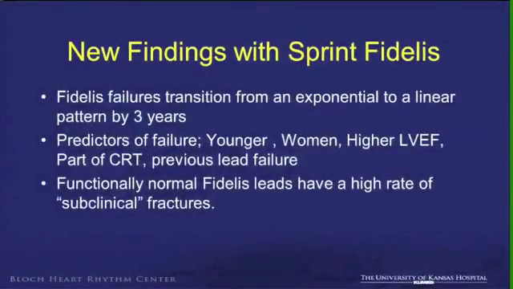And there have been other studies which have been done since then till now, and these are the newer additions to understanding the Sprint Fidelis fracture. What we know at this time is the exponential increase in the fracture has plateaued and become linear after 3 years.